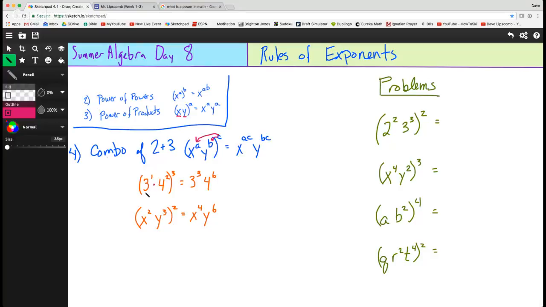So if we take this inside thing and we repeat it multiplied 3 times, I say, well, 3 to the first times 4 squared times 3 to the first times 4 squared times 3 to the first times 4 squared. Right? That's my definition of power. Now I do my associative by dropping my parentheses because everything again is multiplied.